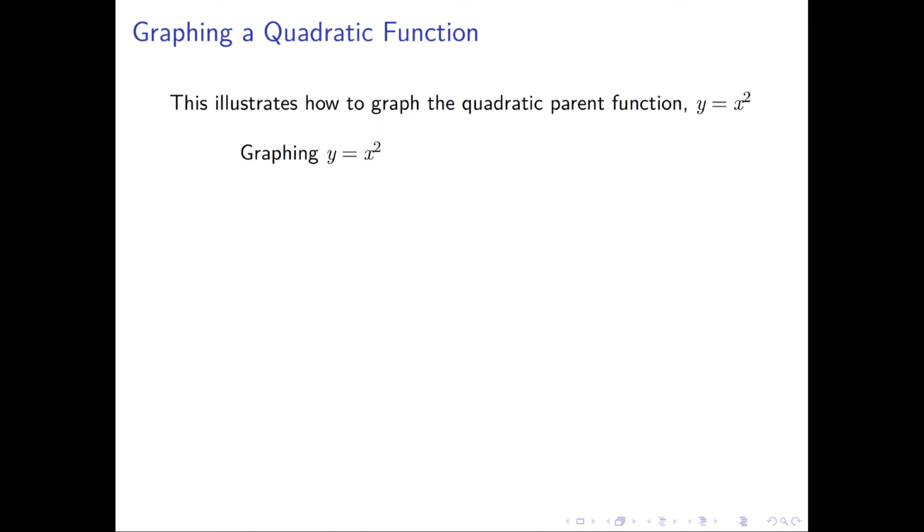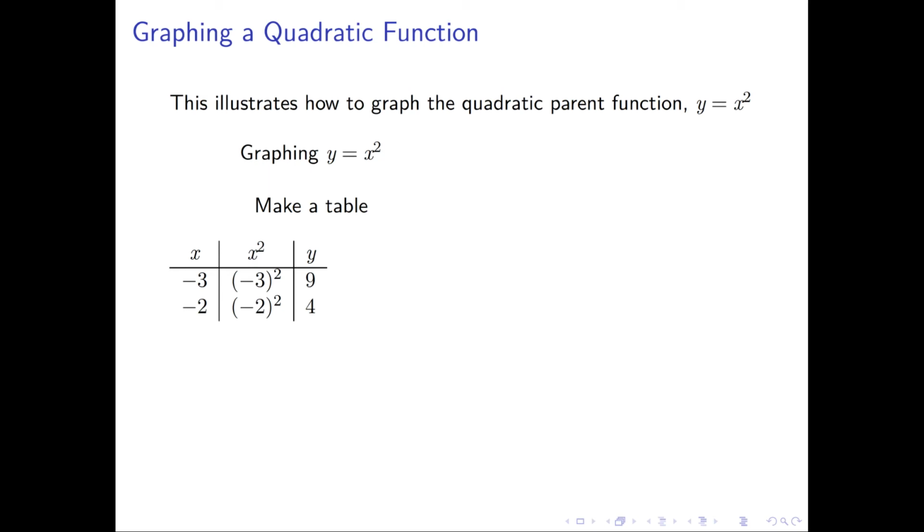Now here's how to graph the quadratic parent function, graphing y equals x squared. As with any type of graph, especially ones that you're not familiar with, you make a table. And in this case, we'll make a table that has x, and I'll add a third column in the middle to show x squared just for clarity's sake. So if x is negative 3, x squared is negative 3 squared, and that equals 9.